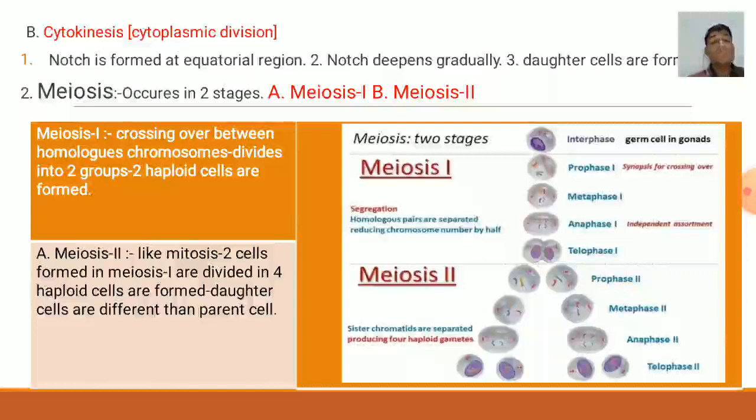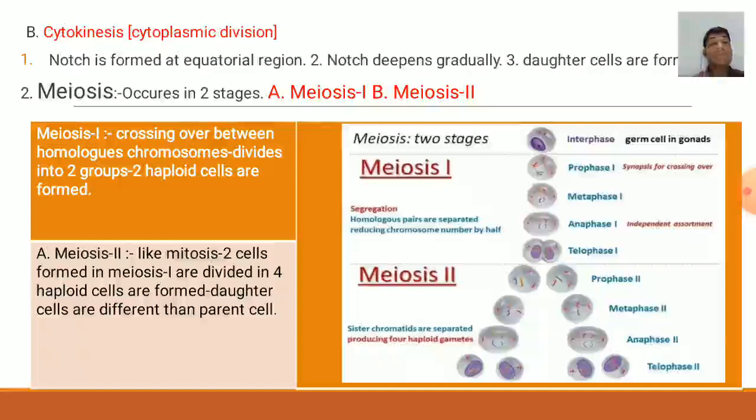The process of gamete production and spore formation occurs by meiosis. In this type of cell division, four haploid, meaning N, daughter cells are formed from one diploid, meaning 2N, cell.